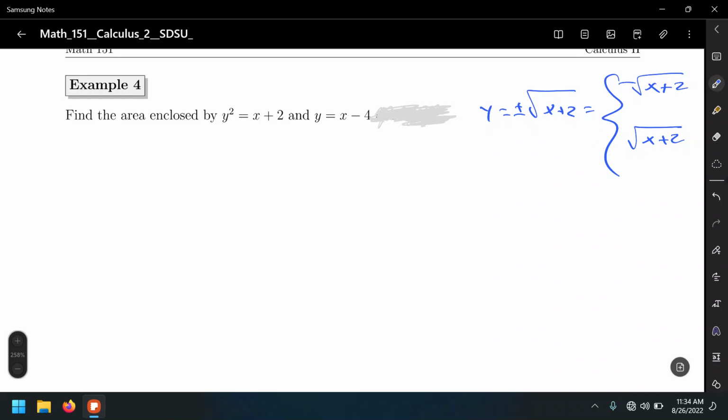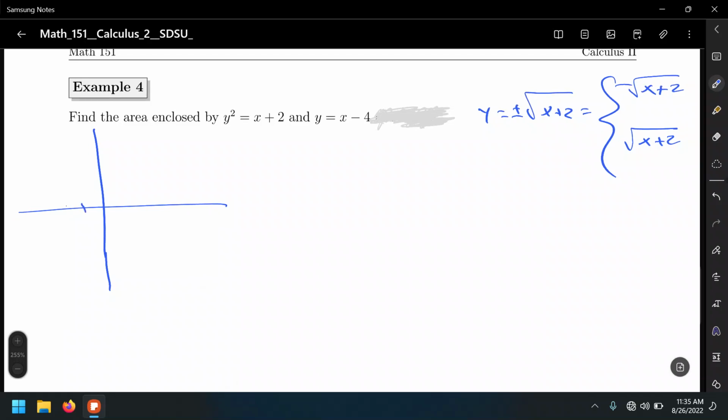All right, so let's set up our region of integration. And this radical function, let's forget about the negative part and look at the positive one for a second. This is the radical function, but in this case, the plus 2 is telling us that the curve is shifted 2 units towards the left. All right, do we agree with this? So, like this. And this is what the graph of a radical function looks like.